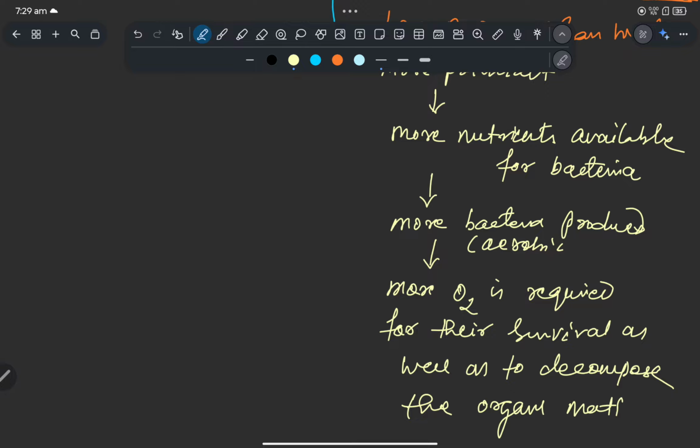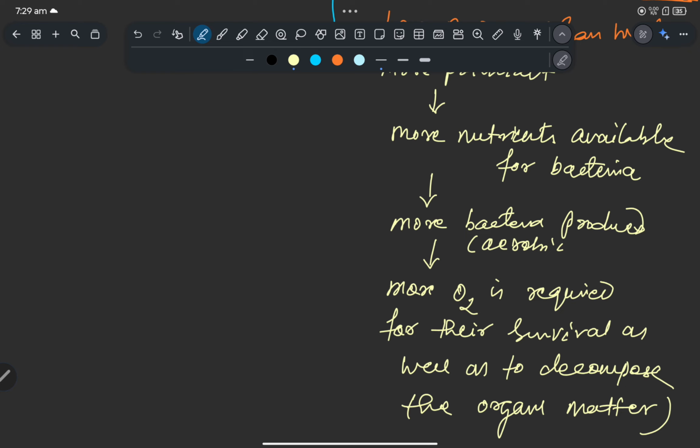So I think it is clear to you why the BOD is important during sewage treatment and what is the role of BOD. As the process takes place, the secondary treatment takes place in the aeration tank.